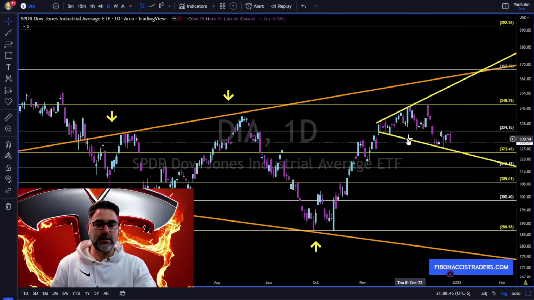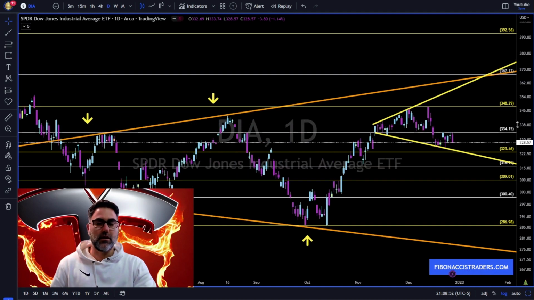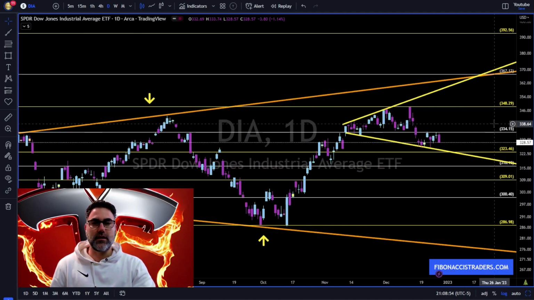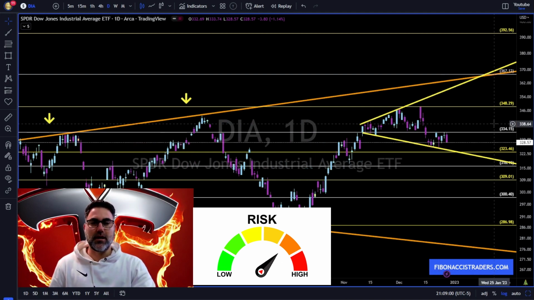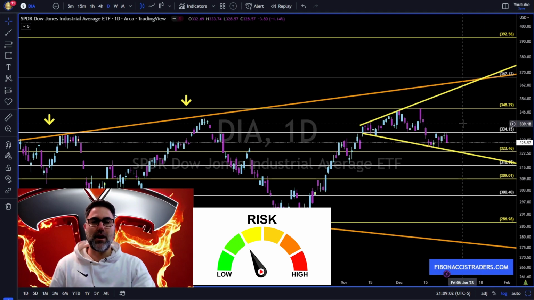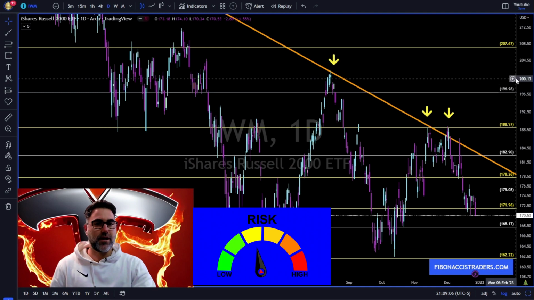So follow price, use levels and trend lines to manage risk, because, as I always say, the only thing that we traders have full control of is how much am I going to lose and how much am I willing to lose on each and every trade.